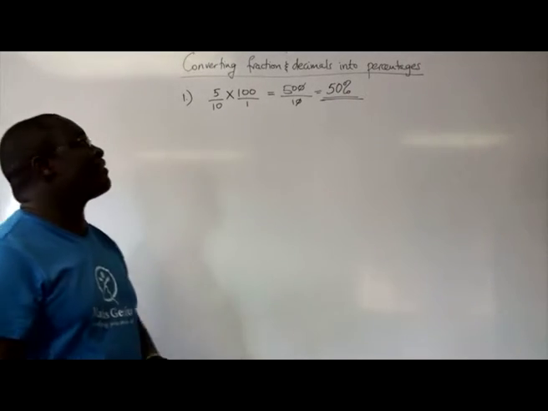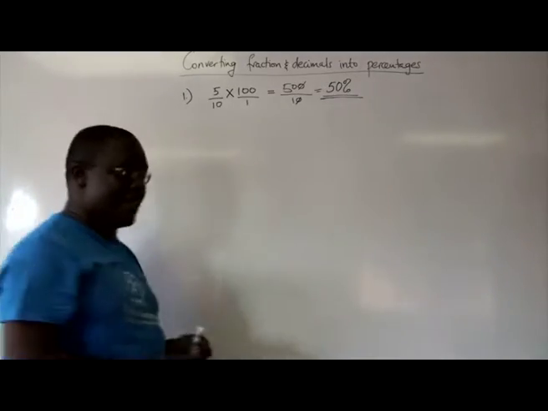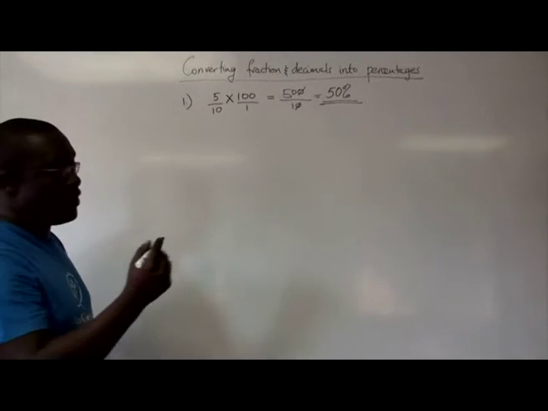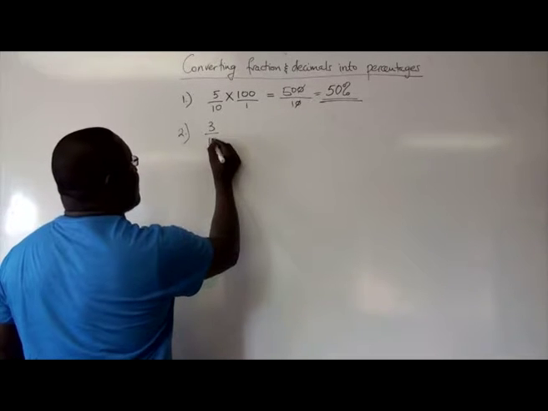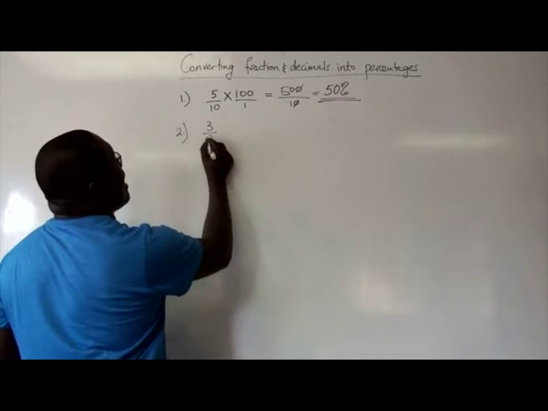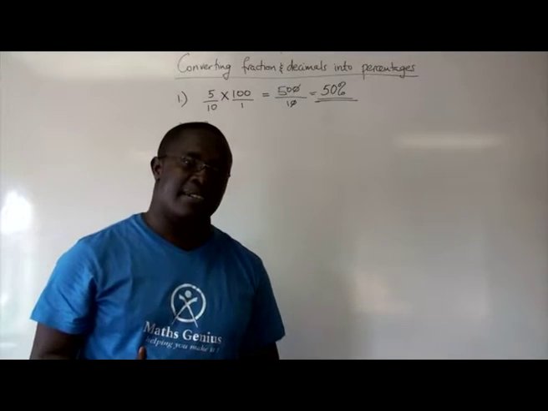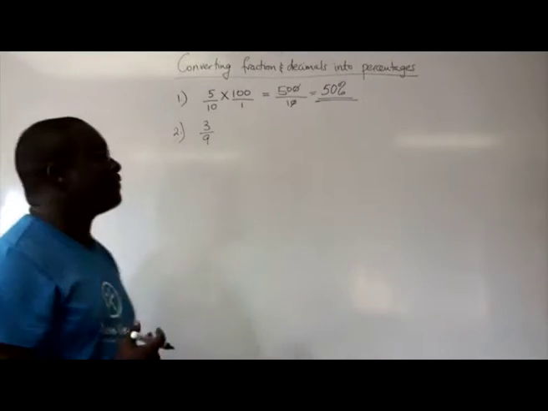So percent, you're saying 50 out of 100, right? So 50%. Now, let's try another one. 3 out of 10, or let's not use 10, let's use 9 for example. 3 out of 9, right? Let's represent that as a percentage.